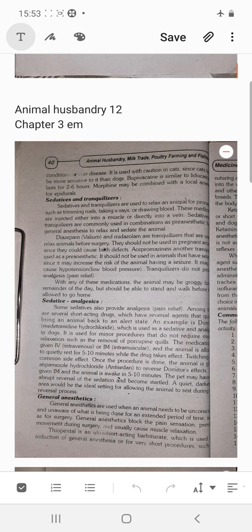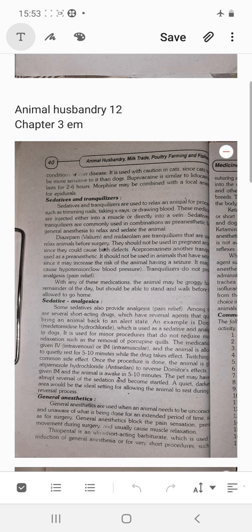An example is Domitor, medetomidine hydrochloride. If a question comes in an exam, name one analgesic, note down this important medicine.